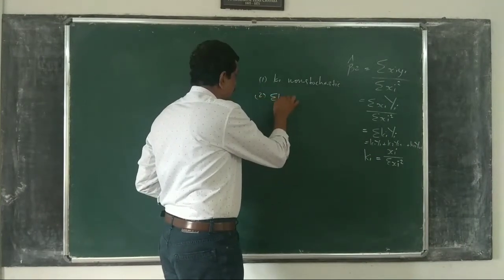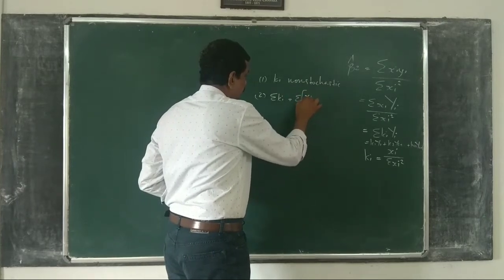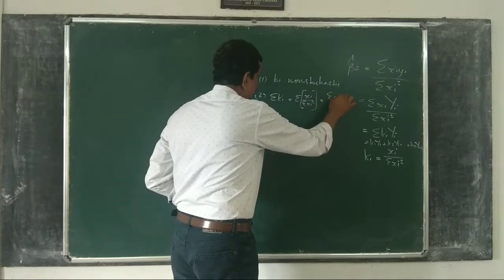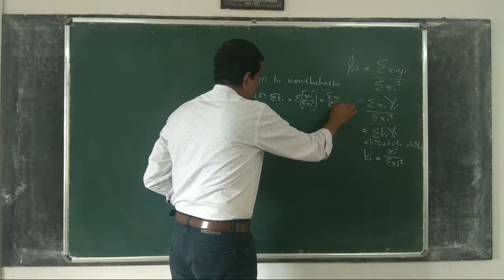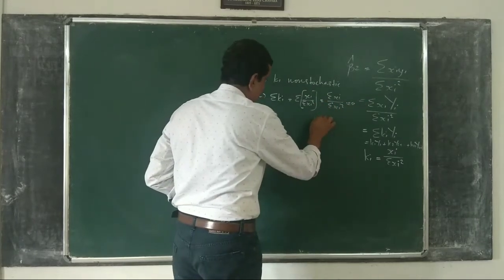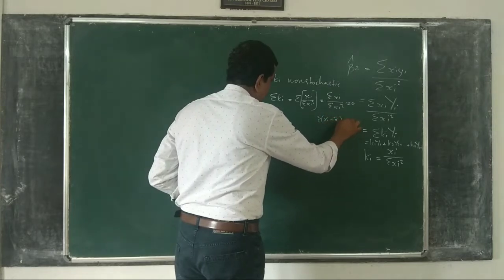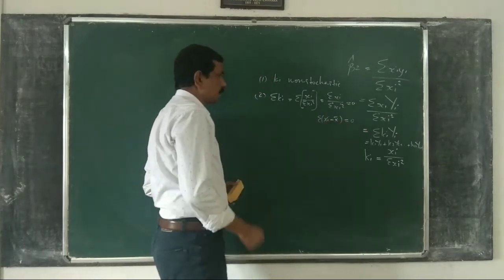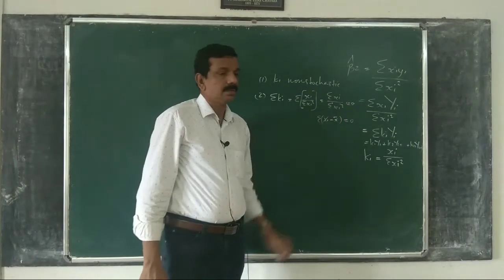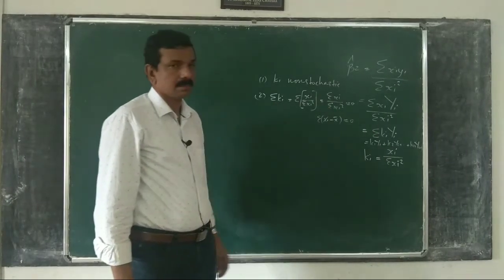The second one is sigma ki equal to sigma of xi by sigma xi square equal to sigma xi by sigma xi square equal to 0, because in the numerator sigma xi, which is sigma of xi minus x bar, is equal to 0. So the second property is sigma ki is equal to 0.